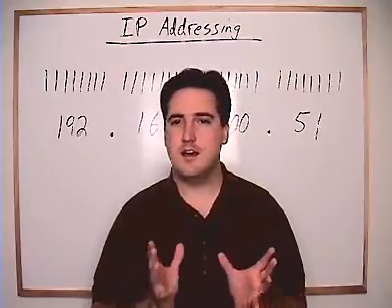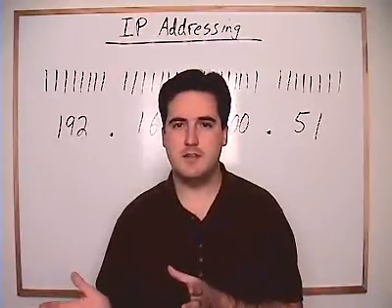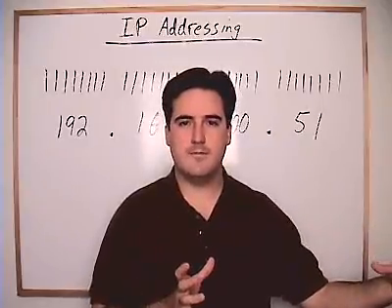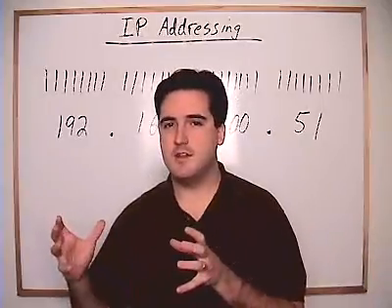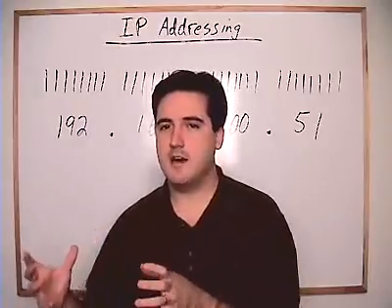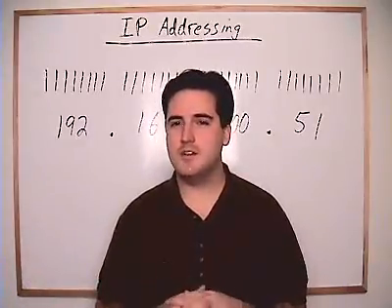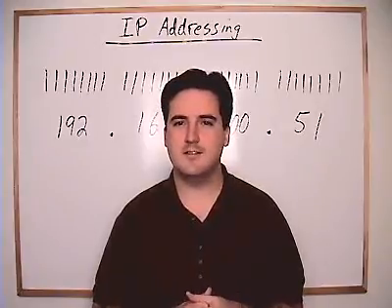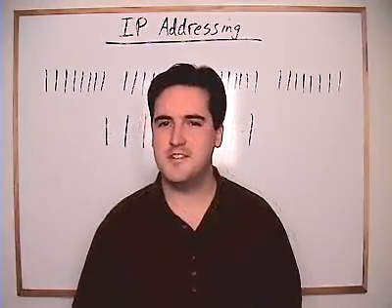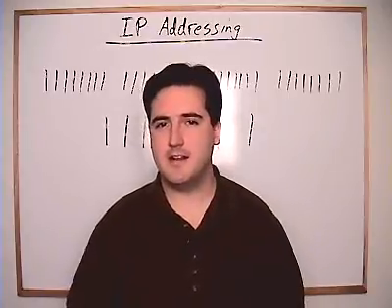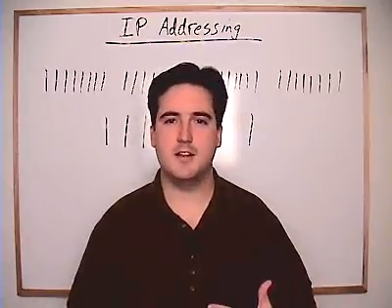We've got a certain portion of that IP address that identifies what is the street that you live on, and then a certain portion of that IP address identifies which house on that street are you. And we'll see how we determine that breakout as we cover classes. So the first thing that we need to do is be comfortable with the conversion from binary to decimal and decimal back to binary again.